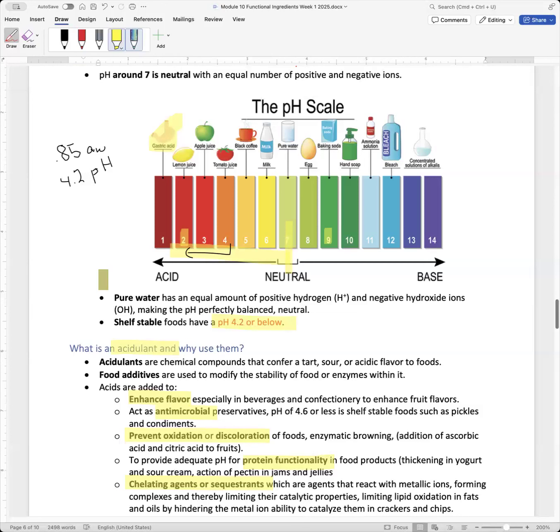We'll use modified food starches in products like lobster salad, or we'll use starches in quiche to help keep the eggs from overcooking and coagulating, and keep a nice mix between the eggs and dairy.